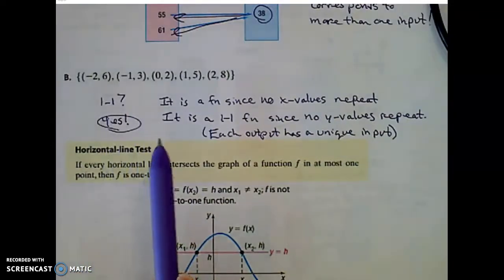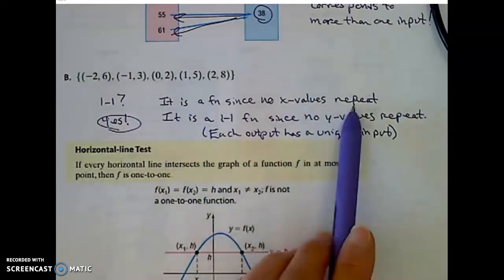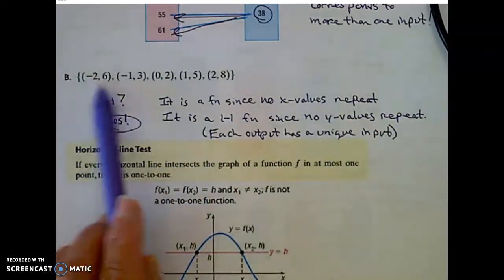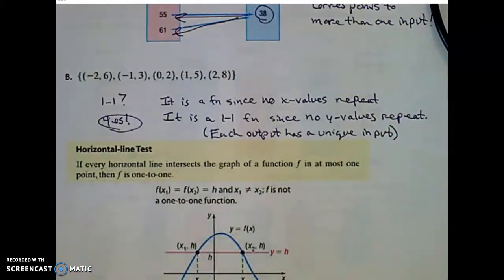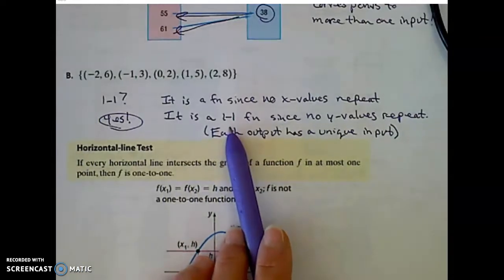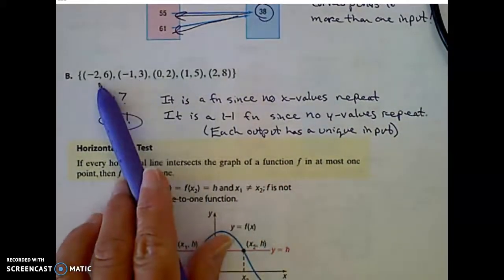My test is this, just to put it another way. It is a function, we knew it was, since no x values repeat. So I have 5 different x values, so I'm not mapping to the same y value. It's a one-to-one function since no y values repeat.